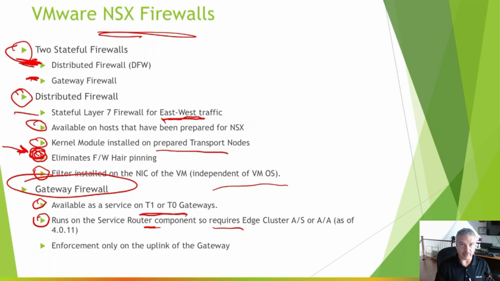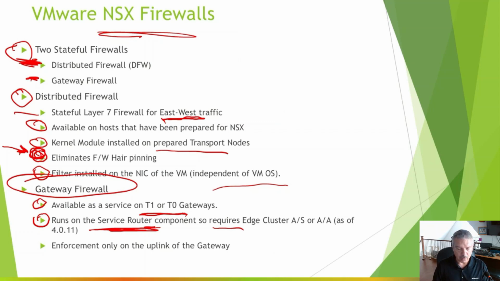One's a distributed router component, and the other one's an SR, services router component. This SR runs on an edge node, which runs in an edge cluster. So because we're going to put a firewall service on our gateway, we need this edge cluster and edge node, because this SR requires that.